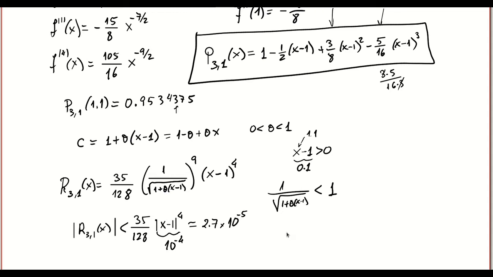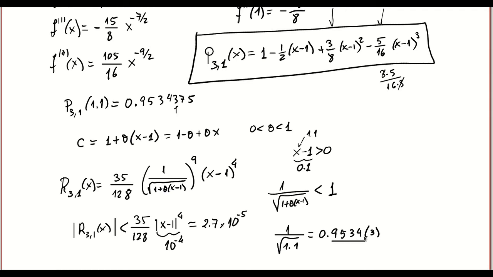So the approximation we're giving of this number is just 0.9534, and the 3 is dubious because it may contain an error, but at least these 4 figures are correct.